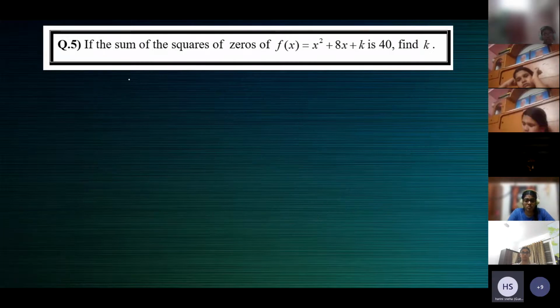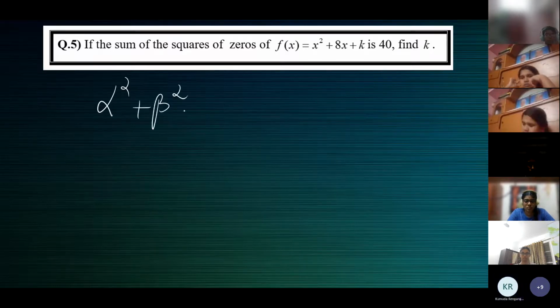If the sum of the squares of the zeros, that means alpha square plus beta square, is 40, find k. Given f of x equals x square plus 8x plus k, that is the quadratic polynomial.